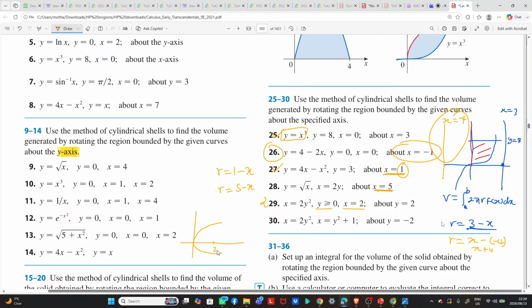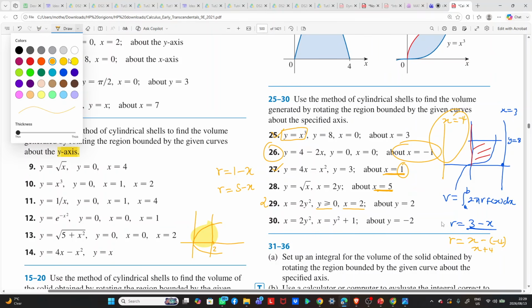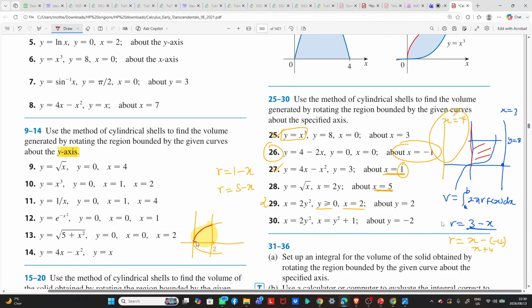So if 2 is here, then that line will be there. Since we are focusing on y equals 0, the region that is going to be enclosed is basically this one. So if I do it nicely, that is the region, the region inside this red curve that I drew, which is the one we are looking at.